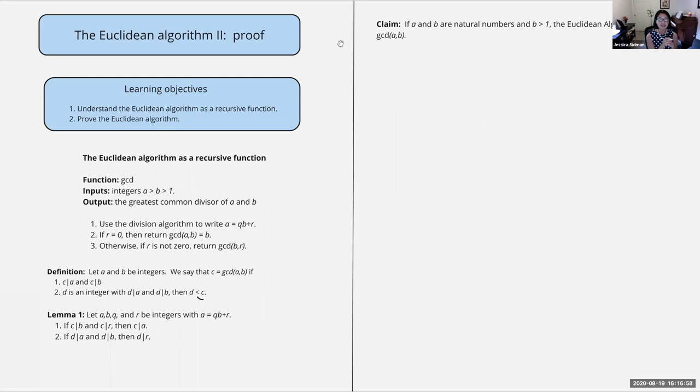If I've written A as QB plus R, and C is a common divisor of B and R, it also has to be a divisor of A. Similarly, if D is a divisor of A and B, it has to be a divisor of R. Okay, so let's see now how to use these facts together to prove that indeed the Euclidean algorithm computes the GCD of A and B.